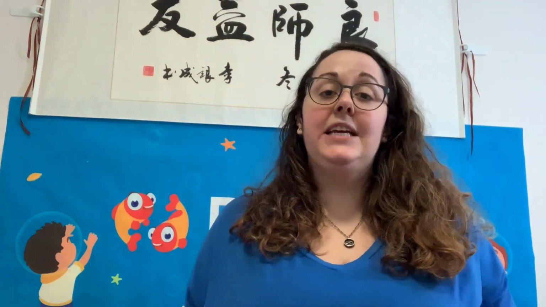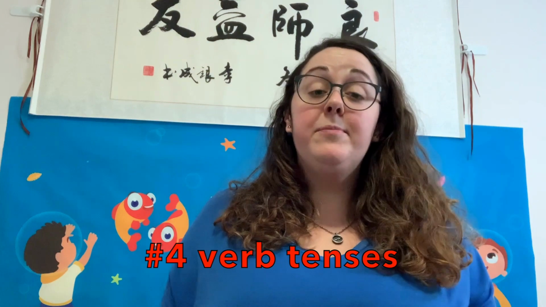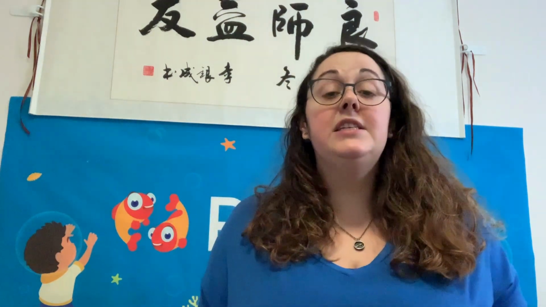Another difficult concept, especially for Chinese English language learners, is the concept of verb tenses. In Mandarin, verb tenses are not all that common, and they are not used the same way that they are used in English. Perhaps in Chinese, it's more important about the other words which surround the verb to let you know the time.